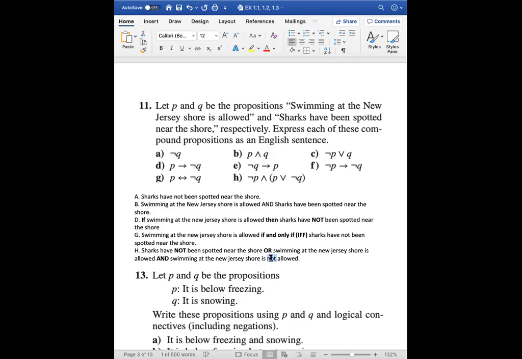I have a quick question. Yes, go ahead. This one's kind of confusing to me. Do we have to consider the order of the propositions? Did you start off with P or not Q first, and then go to not P? Does the order matter in this case?